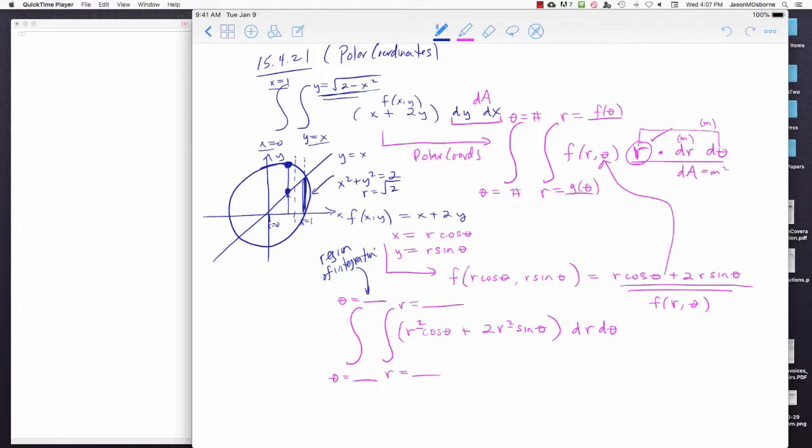Remember, the square root of 2 is bigger than 1, and this is a circle of radius square root of 2. So 1 is less than the square root of 2. We're integrating from x equals 0 to x equals 1, so the region we're looking at is this region here. That's our region of integration.